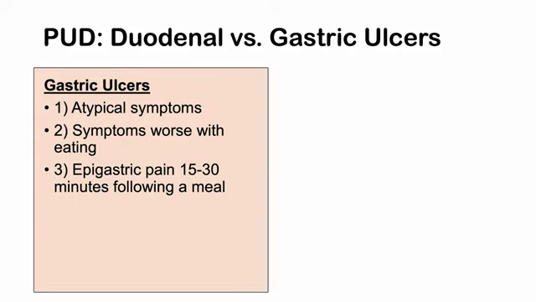So the reason all of this occurs is because you can imagine when an individual eats, their stomach becomes full and gastric acids are secreted. So those gastric acids can irritate those ulcers. And that's why we can see symptoms being worse with eating. In that pain and discomfort can occur roughly 15 to 30 minutes following a meal because it takes time for gastric acids and some of that digestive processing to occur.